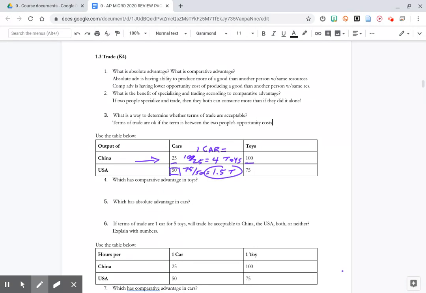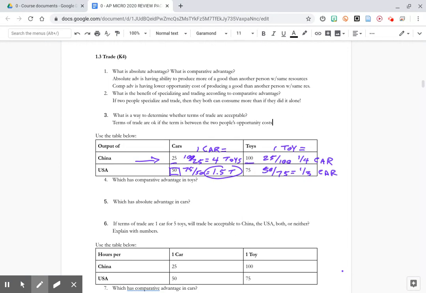Now let's look at toys. Let's solve them. One toy, because we're in the toys column, is equal to 25, the outside number, over 100. So that's 1/4 of a car. So for the Chinese, when they make a toy, they only give up 1/4 of a car. For the United States, it's 50 over 75. So that's 2/3 of a car.